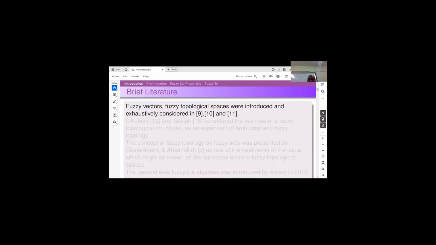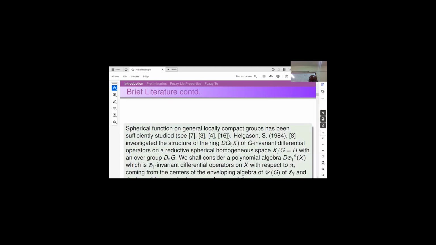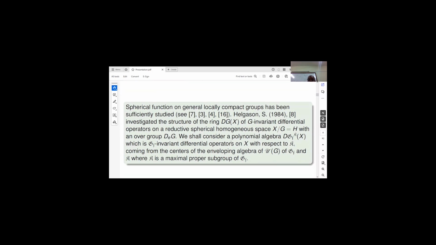A lot of people have worked on fuzzy sets, fuzzy topology, fuzzy topological spaces. And in recent times, Akram in 2018 published a book entitled Fuzzy Lie Algebras. So from this concept, we tried to generalize and to look at what Helgason has done.